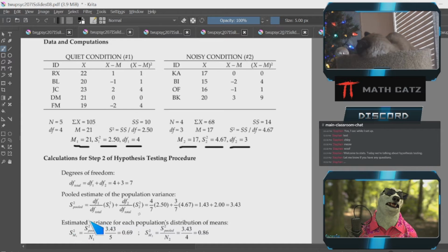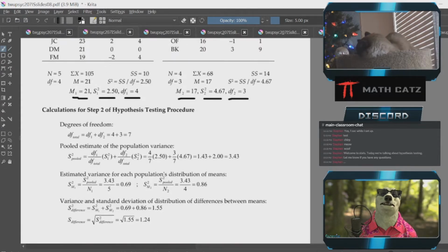So they each get their distribution of means: the pooled variance over the sample size, the pooled variance over the sample size. So now I pooled the variance, and I go back to each of the samples to get their own distribution of means variance.